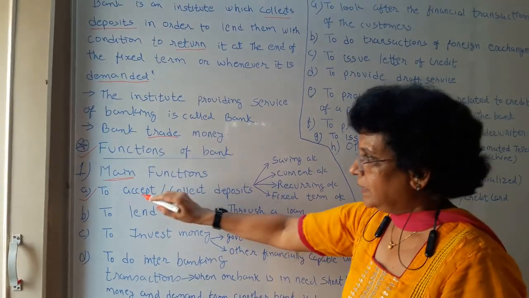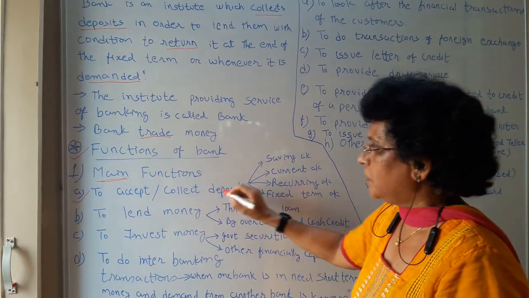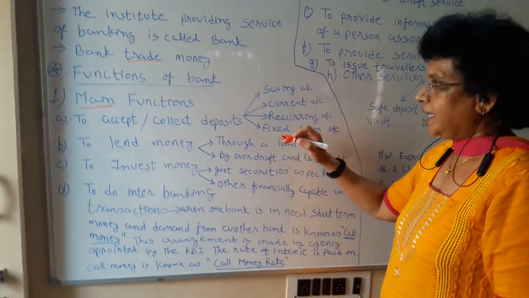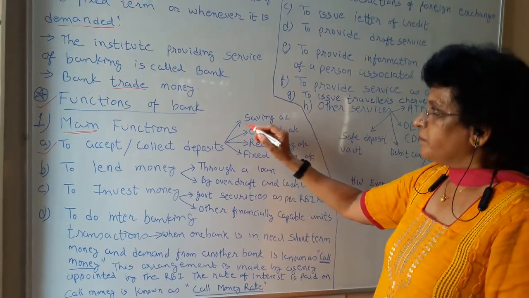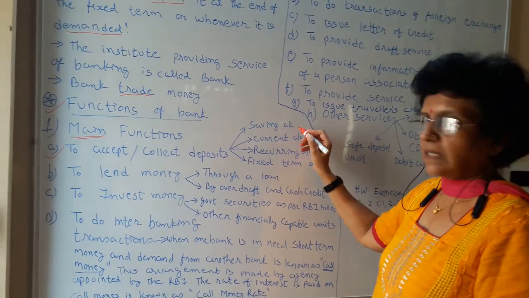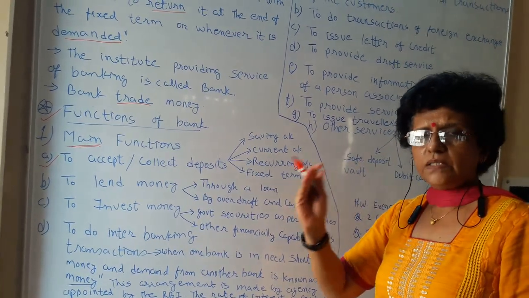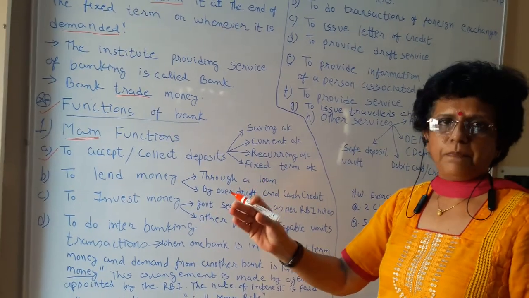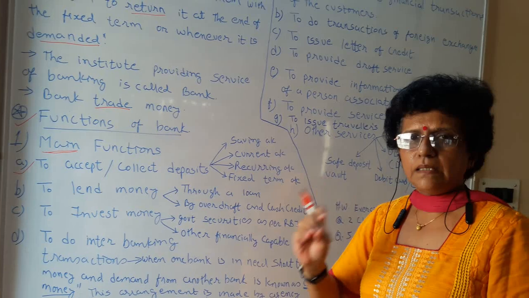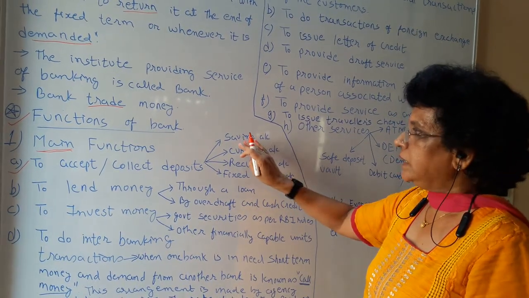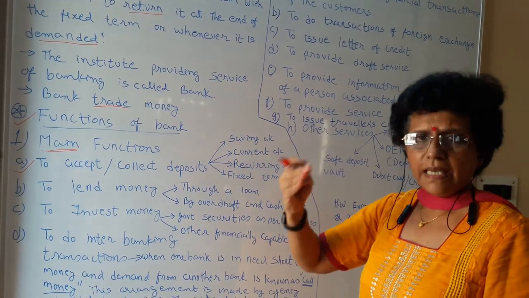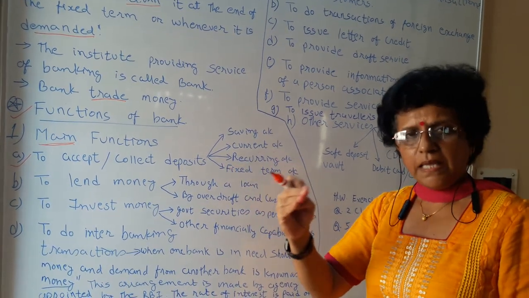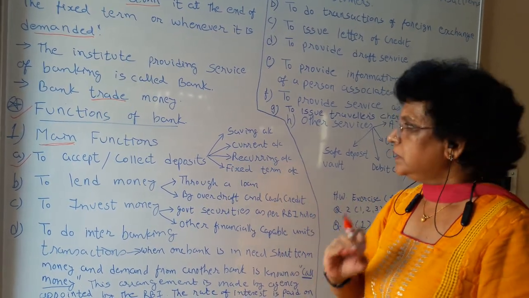So how many ways are there in which a bank can collect deposits? The bank can open a savings account. All the general society people approach the bank and ask to open a savings account. Whatever extra money you have, you deposit into the bank, and the bank gives you a rate of interest on your savings.